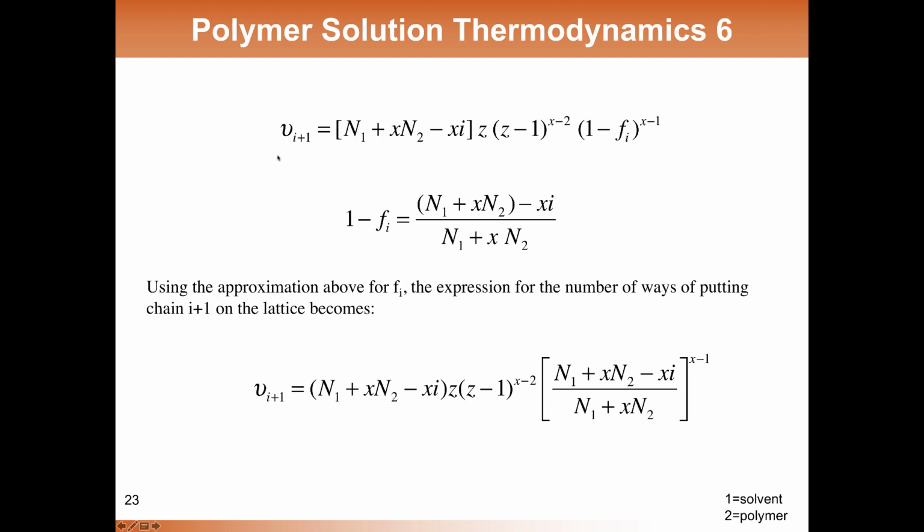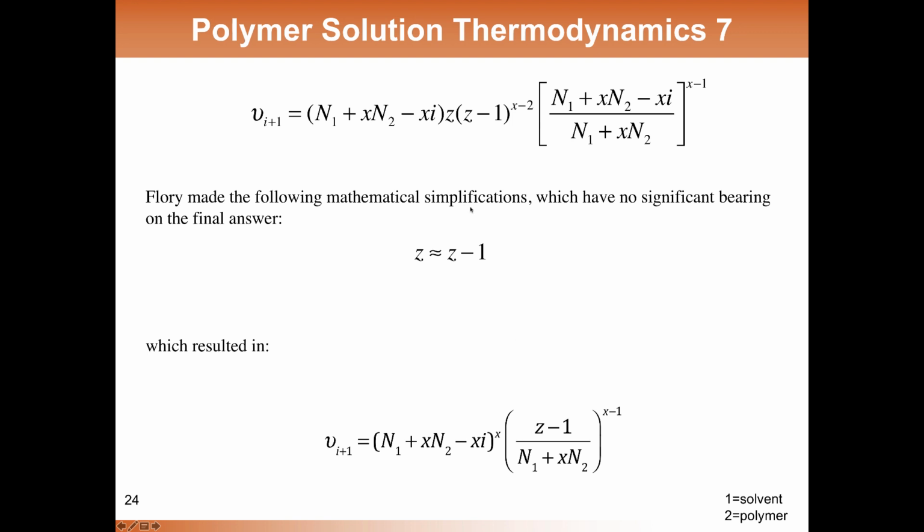And so this is the expression for the number of ways of placing polymer chain i+1 on the lattice, the expression for the probability of finding an open lattice site, and then if these two are combined, you get the expression that is shown here after just a bit of algebraic rearrangement. Flory made the following mathematical simplification, which in fact at the end has essentially no bearing on the results.